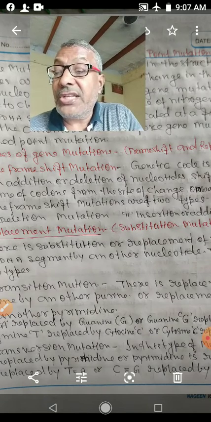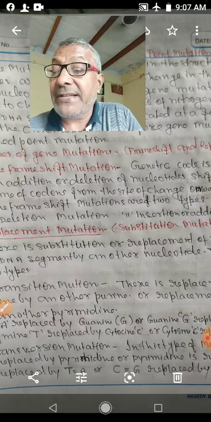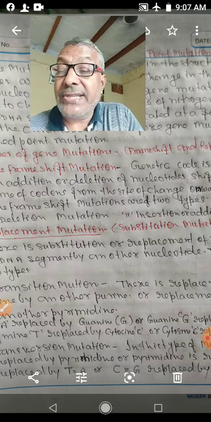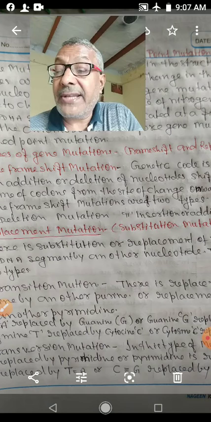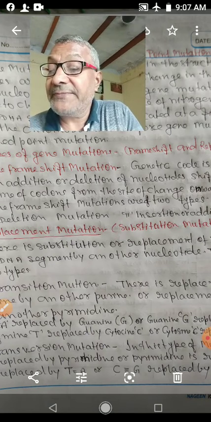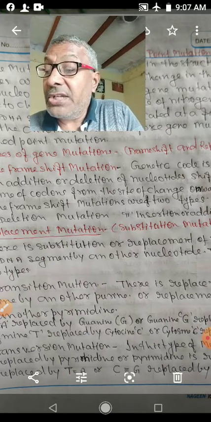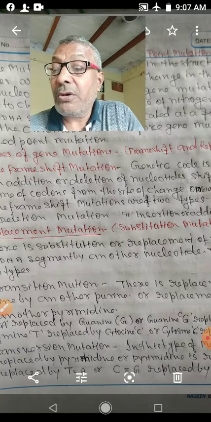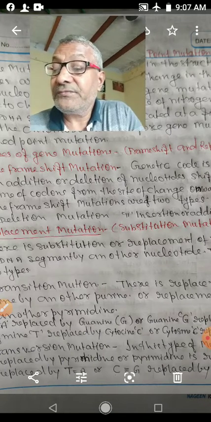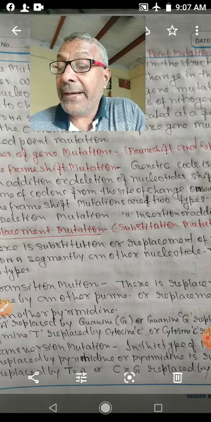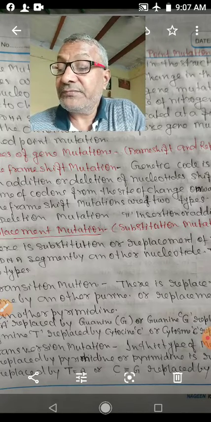Children, this gene mutation occurs during gamete formation, and these types of mutation transfer to the offspring. Gene mutations arise in the organisms or are inherited, and they will affect the organisms.